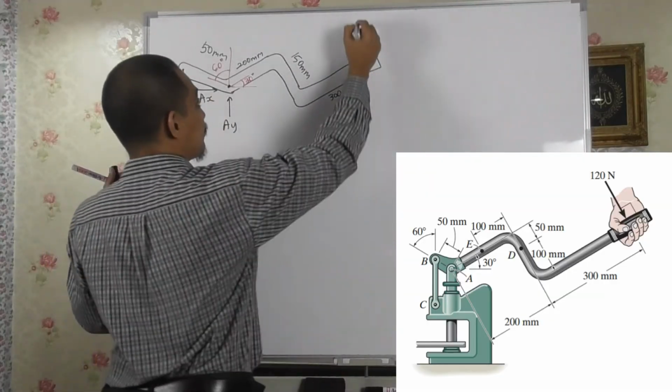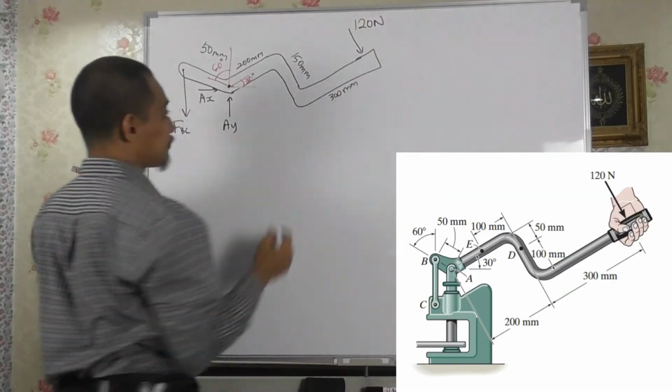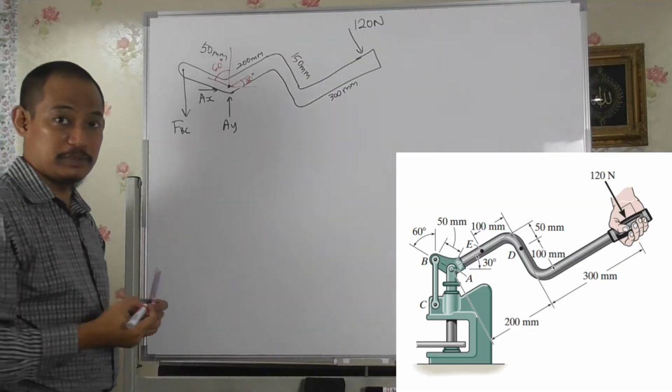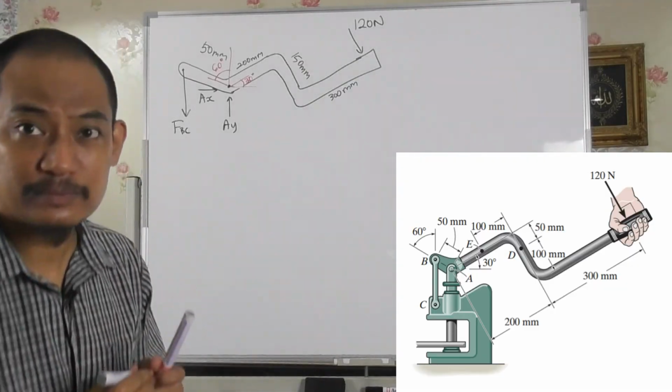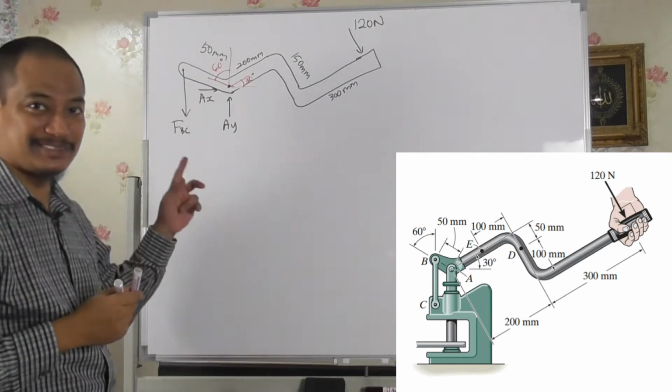Let me just write it more clearly, 120 Newton. Okay, that's basically the whole free body diagram. Is it clear? Okay, hopefully you can still see clearly.